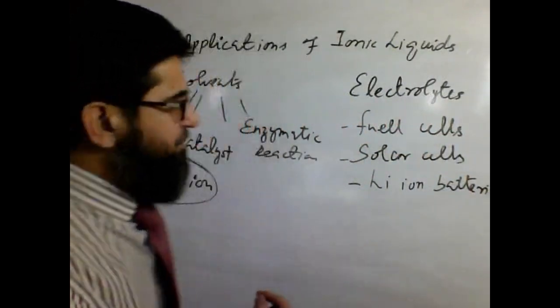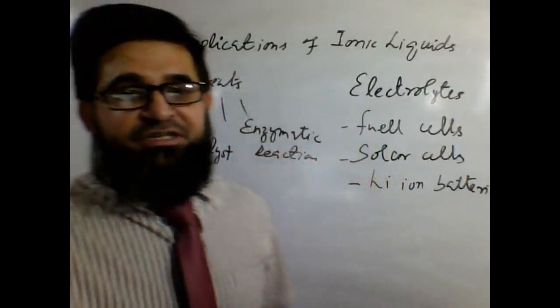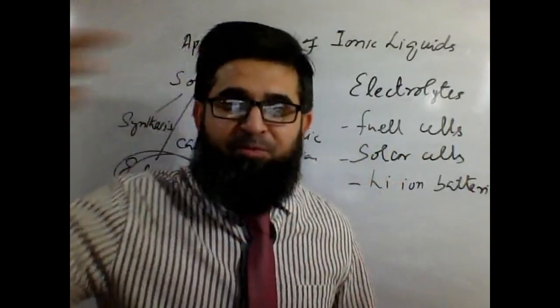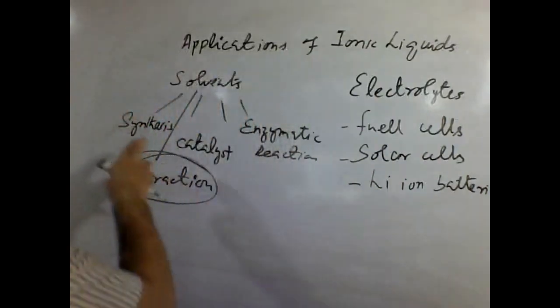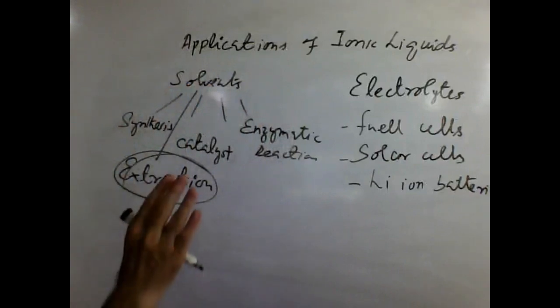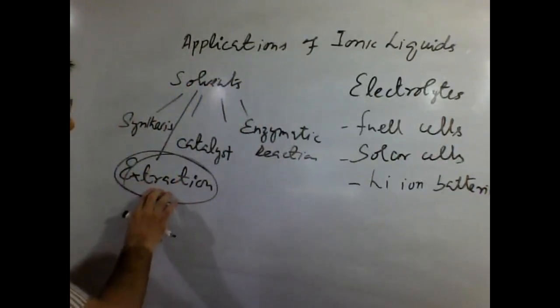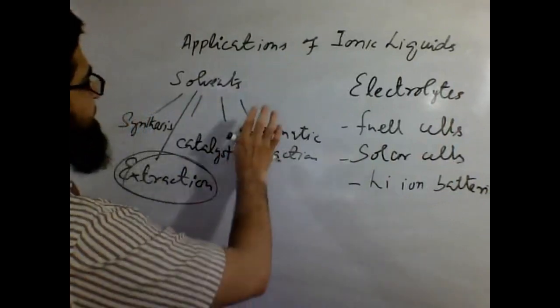I'm just trying to give you a brief overview so that you can imagine their scope of application, why they're important. They're important because they can be used as solvent for synthesis, for the extraction of the product, and for the enzymatic reaction.